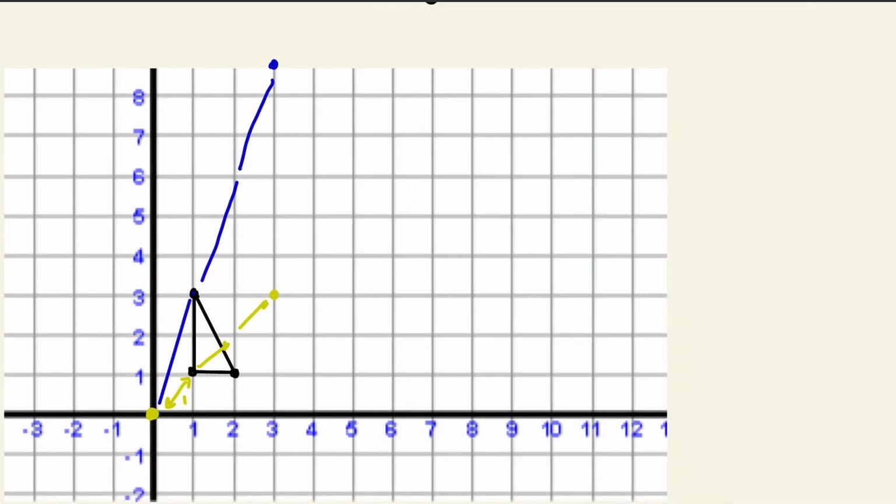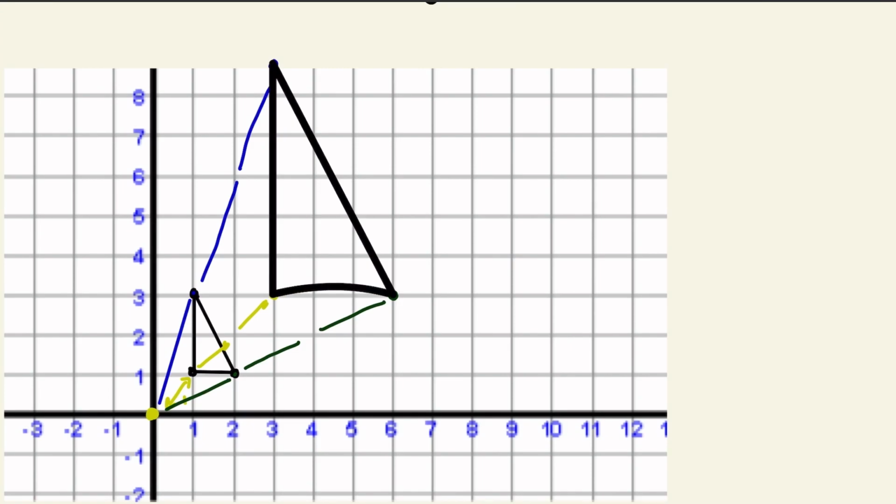And then the last point that we have is over here. And it's this distance. So we have 1, 2, and 3. So it's going to be over here because we're multiplying this distance by 3. So in the end, our new triangle is going to look like this. So this is our dilation.